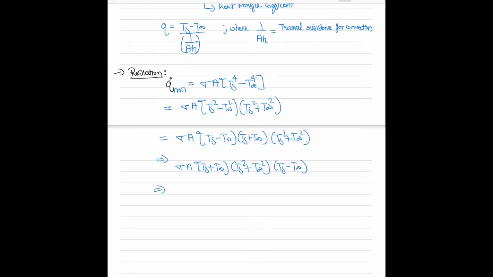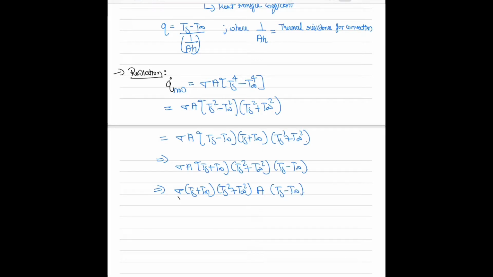Or again I can rewrite it as sigma T surface plus T infinity, T surface square plus T infinity square, into area, T surface minus T infinity.